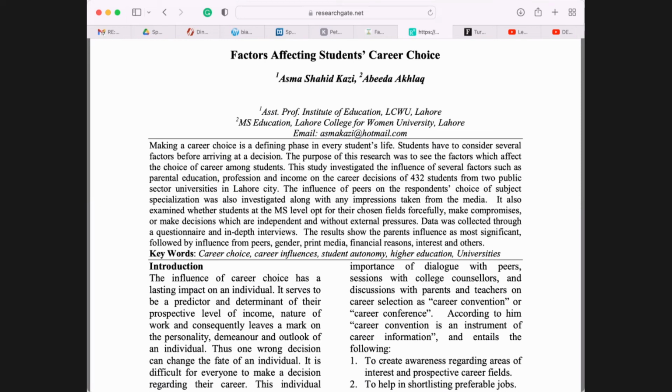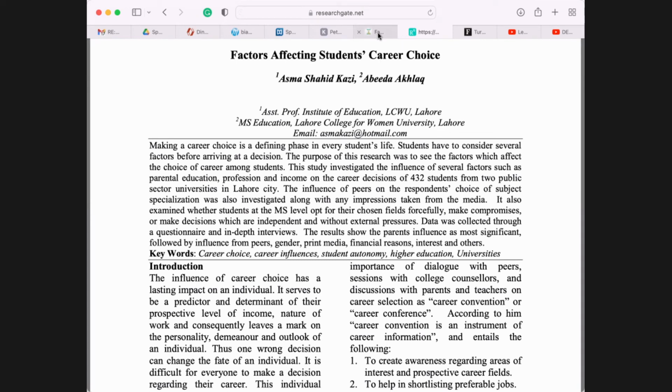Yes, this article is useful. Yes, it's useful because even if you look at keywords, career choice, career influence, students' autonomy, universities, and so on, you see that it's related to your task, right?